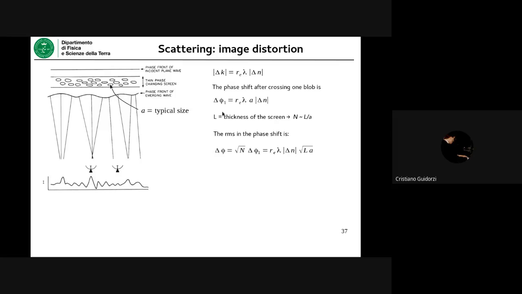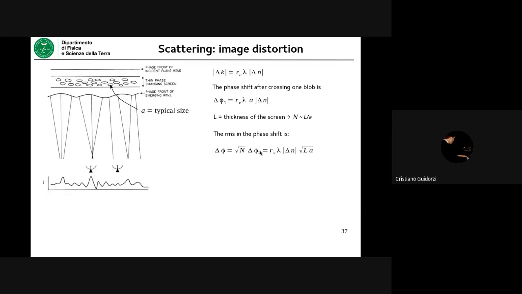Imagine one single ray crossing different blobs: the crossing of one single blob is independent of what happens next as well as of what happened before. So all the individual crossings of all the individual blobs are independent of one another.